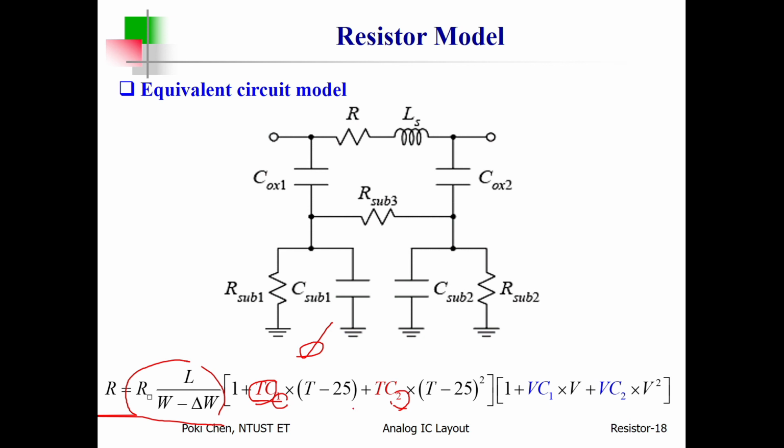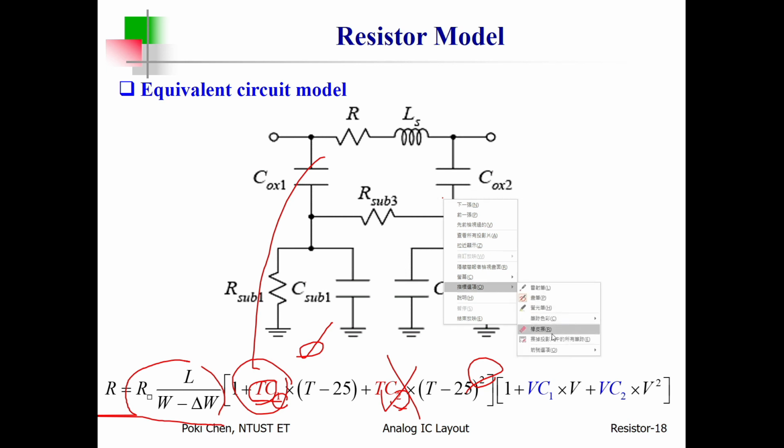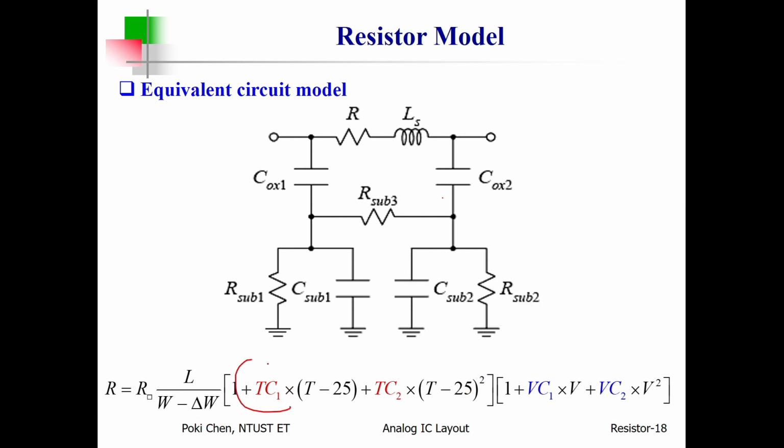Usually, for all those resistors, they have such a TC1. Maybe they don't have TC2. It means we don't have such a curvature according to the temperature effect. But all of them, I guess, have TC1.